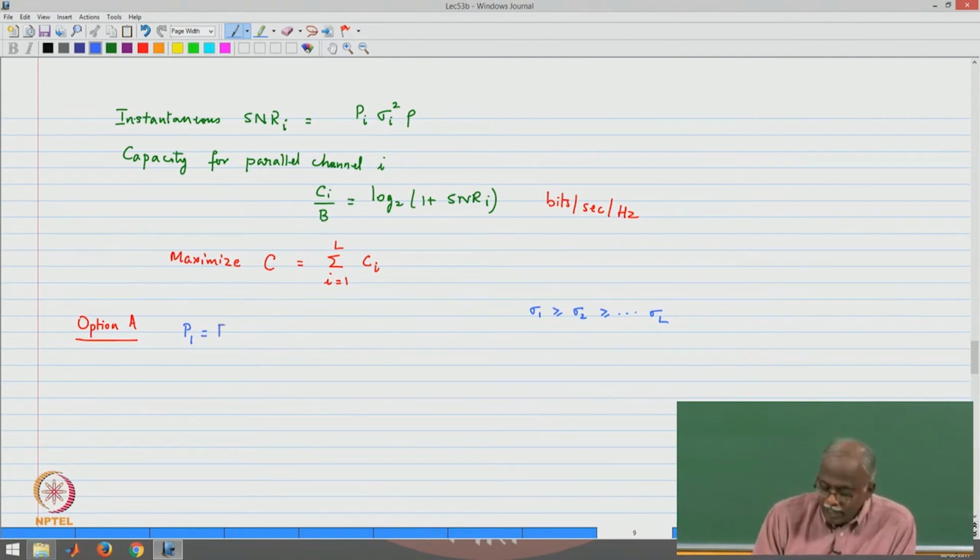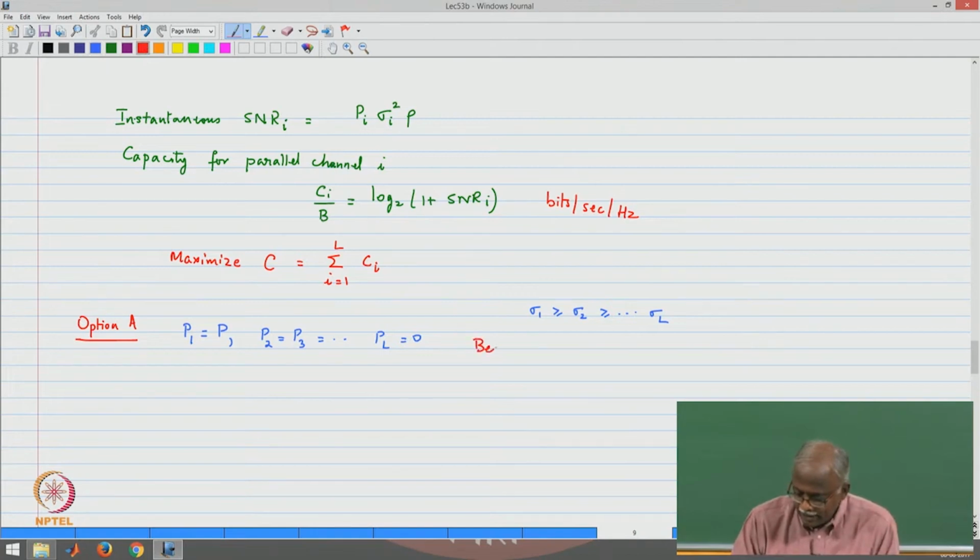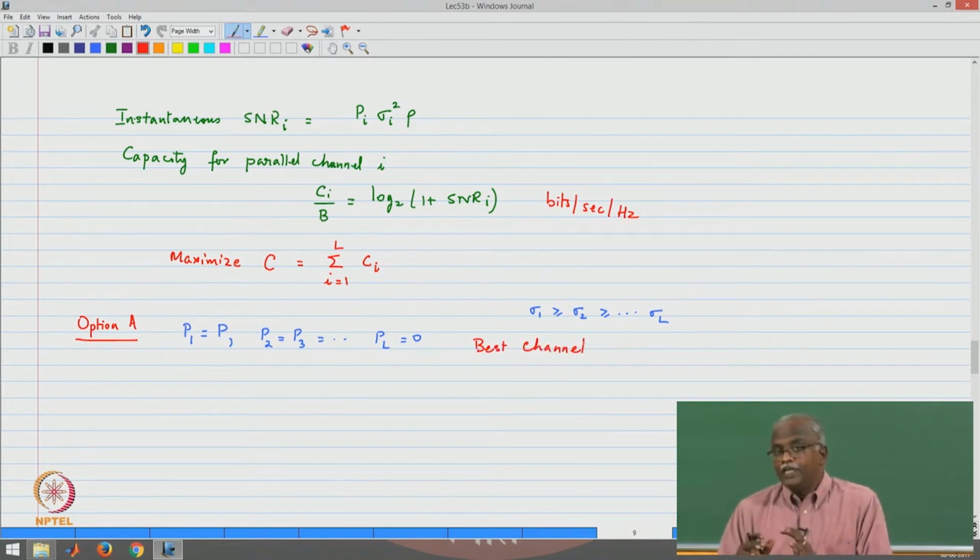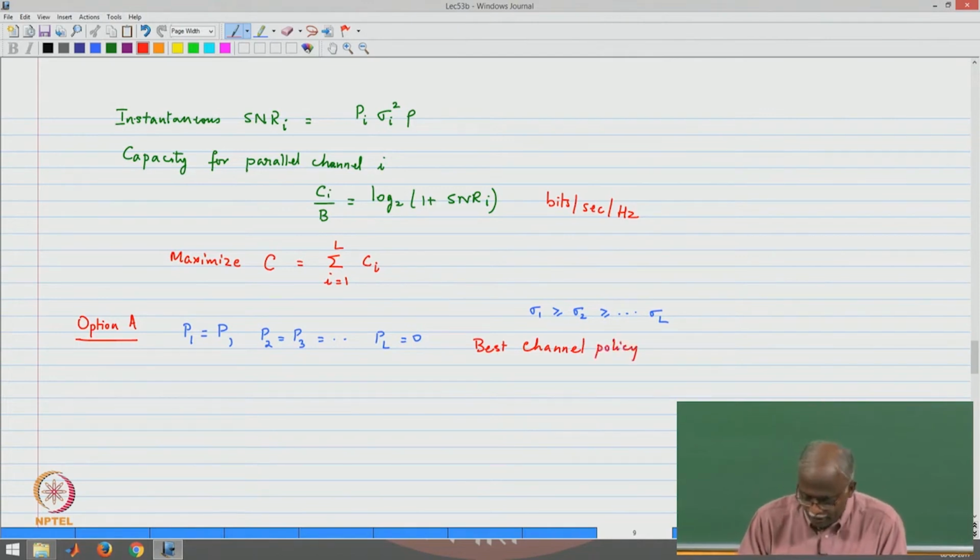Notice that I am going to allocate all the power to channel number 1, and of course, this would mean that P2 equal to P3 equal to PL will be equal to 0. So, this is what we refer to as the best channel allocation, the best channel policy. We have L parallel channels, but we have deliberately chosen to give all the power to the best channel. So, we call it the best channel policy.